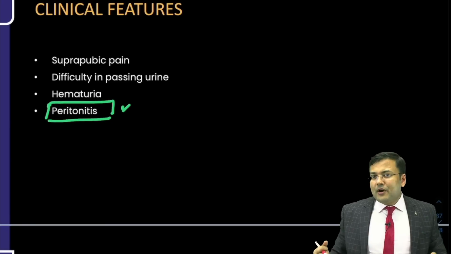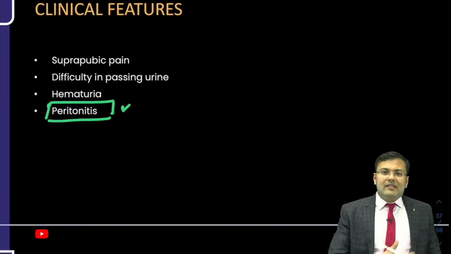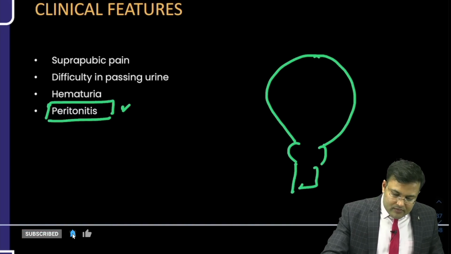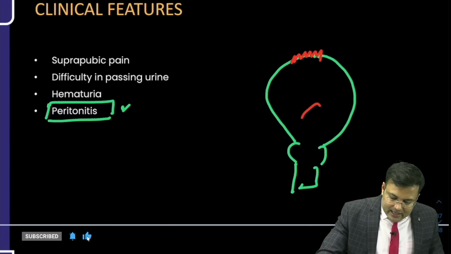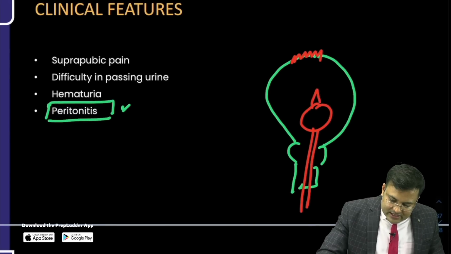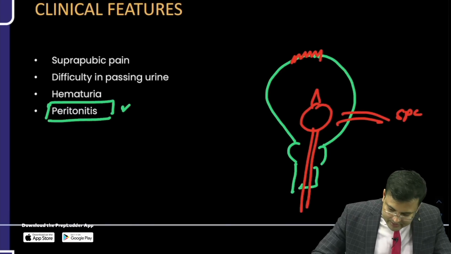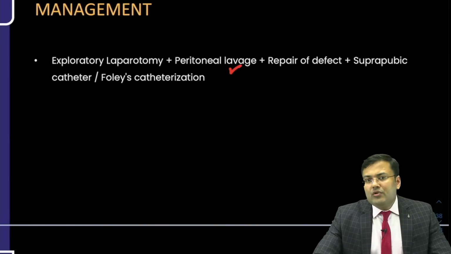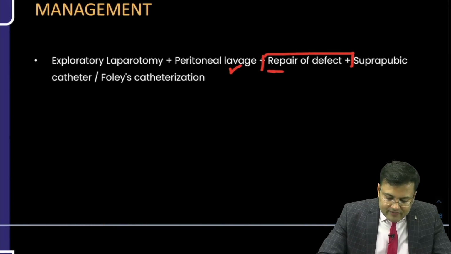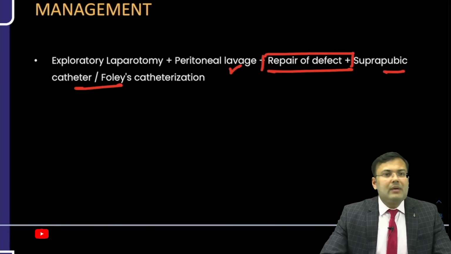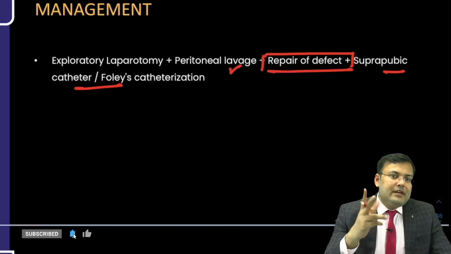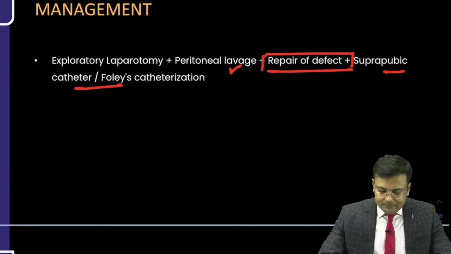After performing laparotomy, you perform the lavage, and after lavage you repair this bladder defect and then insert a Foley's catheter or we perform SPC. So I'm repeating, the treatment here is exploratory laparotomy plus peritoneal lavage plus repair of defect, and after that suprapubic catheter insertion or Foley's catheterization. These are frequently asked questions in exams.